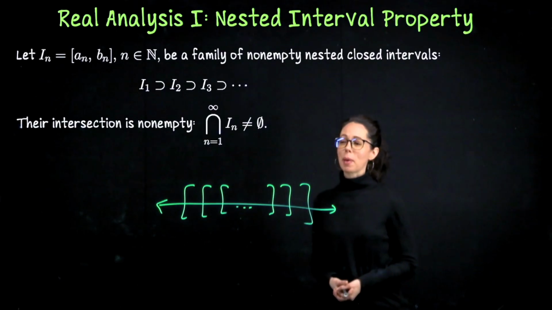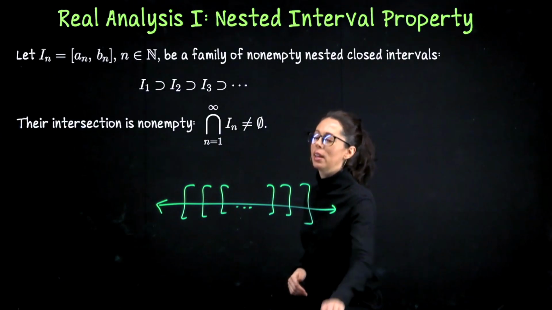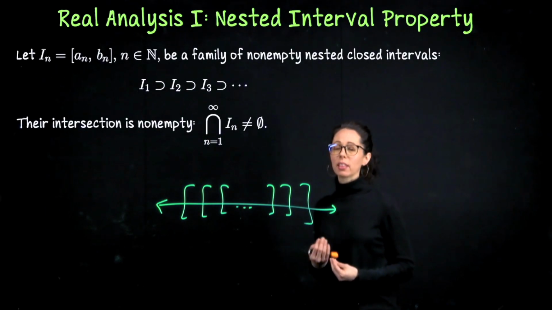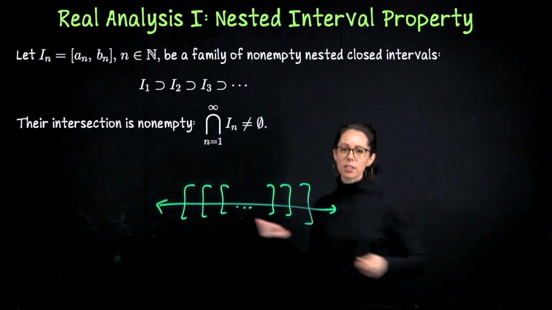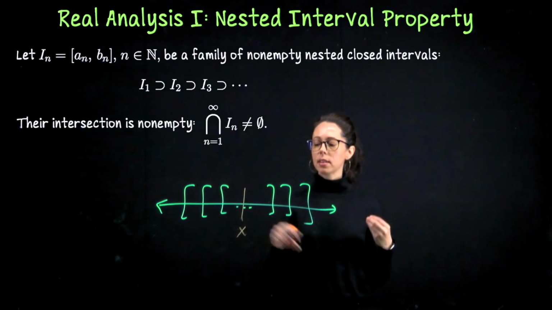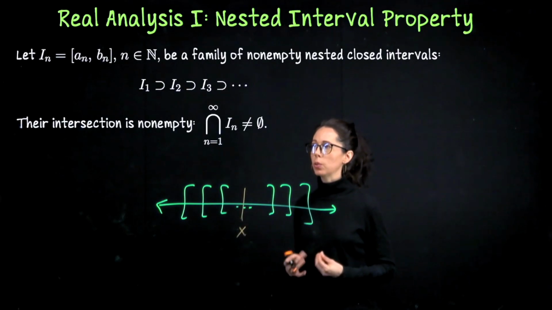Right after I erased my picture, I realized I should talk through the proof on the graphic itself. We need to come up with an element, a real number, that lives in every single one of these intervals. And here's the thought process. What if that element, which we name X, lives in every single one of these intervals? What does it look like to live in one of these intervals?